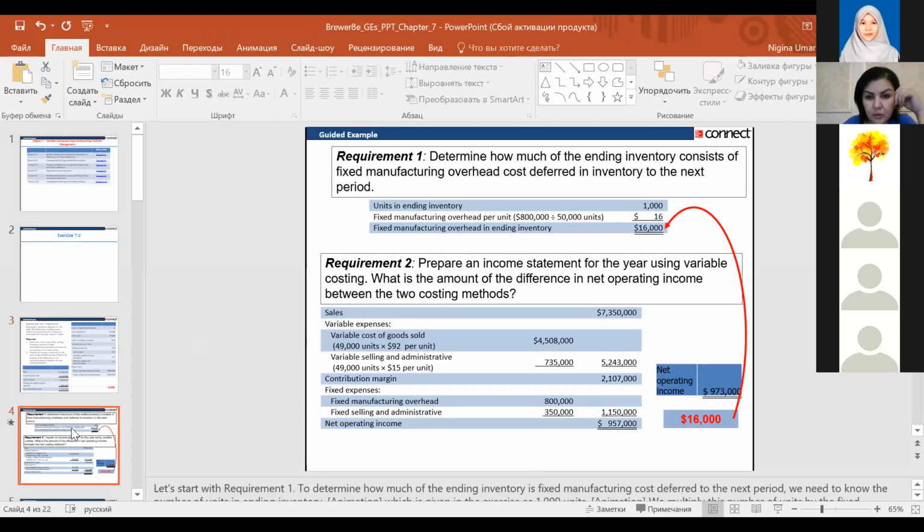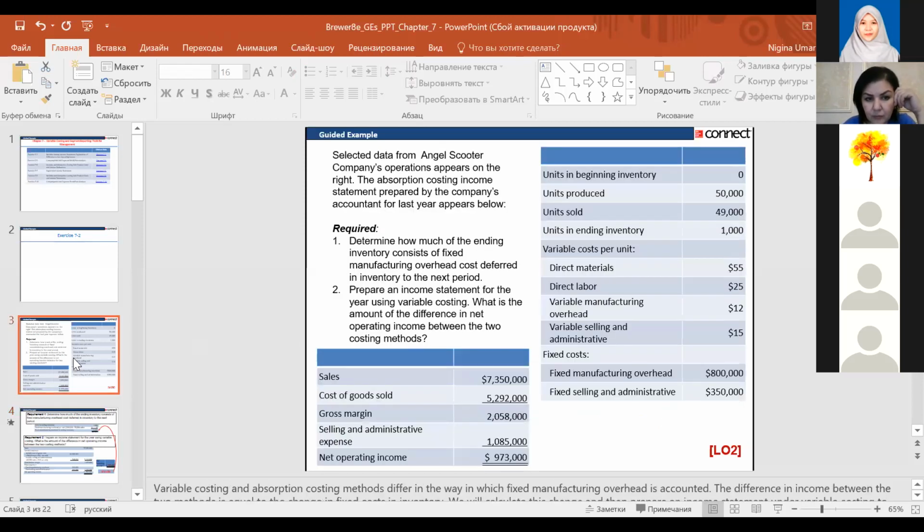Okay, let's calculate. Fixed manufacturing overhead 800,000. How much of this fixed manufacturing overhead is included in the cost of goods sold?